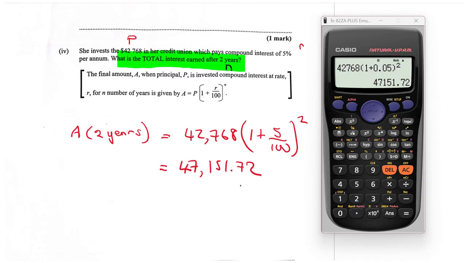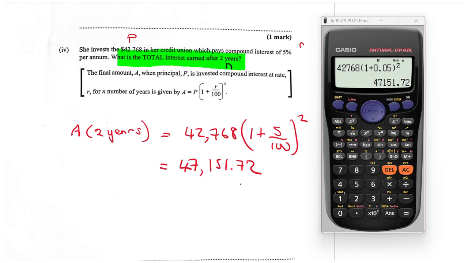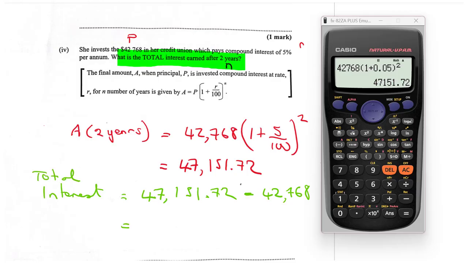So to find the total interest, we have to subtract the original amount, P, from the final amount. So it is going to be 47,151.72 minus the 42,768.